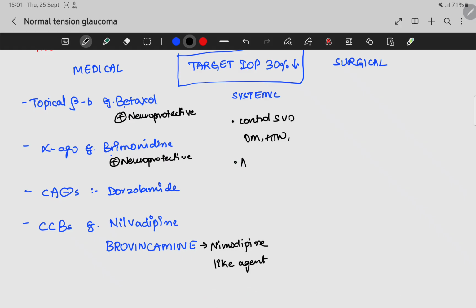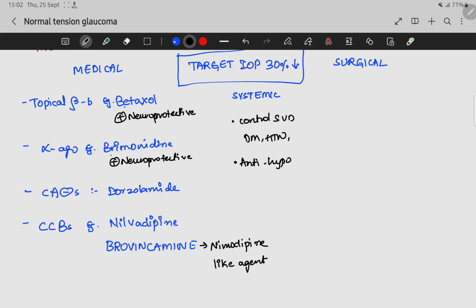And we should also take anti-hypotensive measures. So if there are more nocturnal dips, we have to reduce the antihypertensive medications. We can also use neuroprotective agents like memantine, ginkgo biloba, antiplatelet agents.